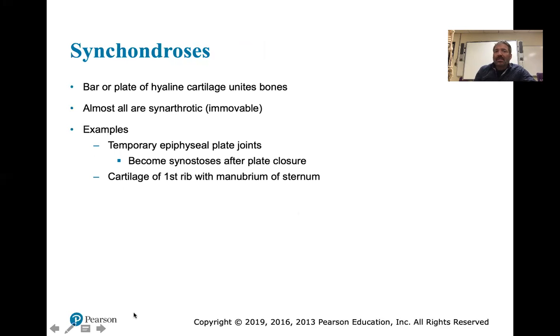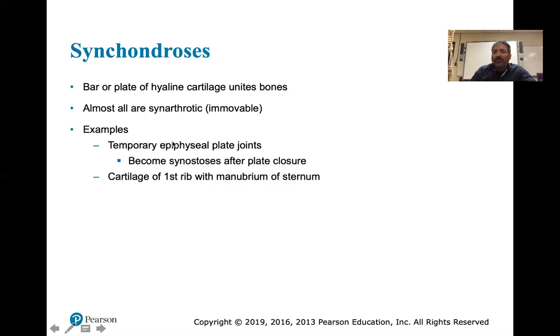So synchondrosis. All right. So remember, sometimes syn means without, so you have to break these terms down. Bar or plate of hyaline cartilage unites bones. Almost all are synarthrotic. Right. Syn without, arthrotic. All right, so mostly immovable.